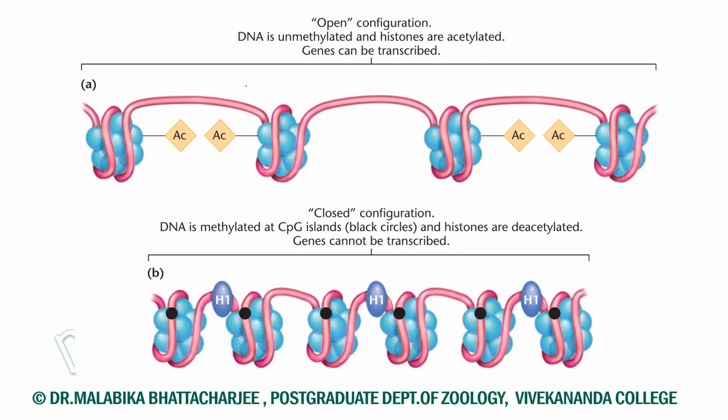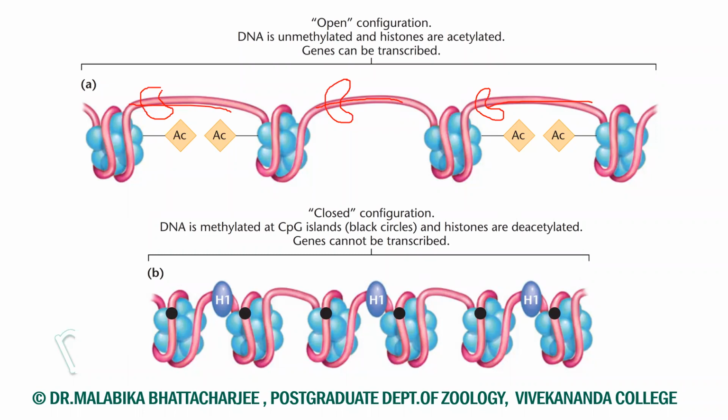In the open configuration, you can see stretches of DNA becoming accessible. This is the nucleosome model. So when DNA is in the open configuration, the DNA is partially opening up from the nucleosome so that it is accessible to the transcription machinery. The RNA polymerase, if required, can access the DNA.